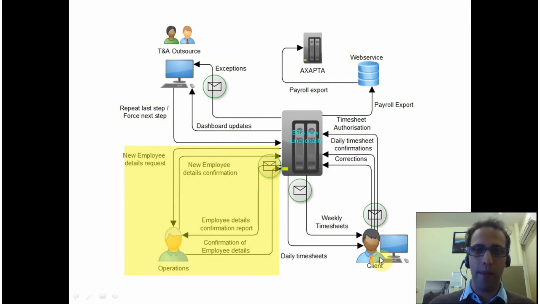Depending on your requirements, this report could go to either operations or the client. As well as a report for current employees that might have moved to different departments or work in a different position. Operations or the client will make the required changes and email back those changes to the system so the system can record it and prepare tomorrow's timesheet.